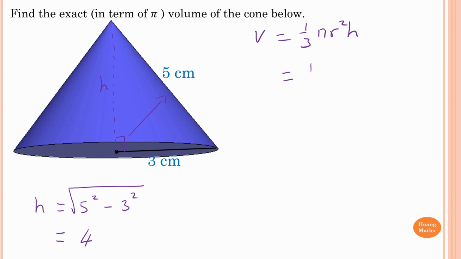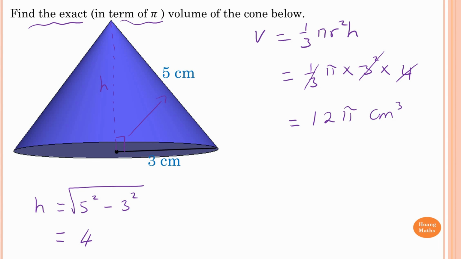So which is 1/3 of pi times the radius square, which is 3 square, and times the perpendicular height, which is 4. And then we need to find the exact volume, or in terms of pi, it's the same thing. So 1/3 of 9, because 3 square is 9, is 3. 3 times 4 is 12. So it's equal to 12 pi cubic centimeters.